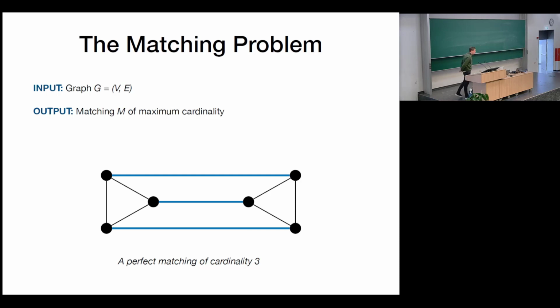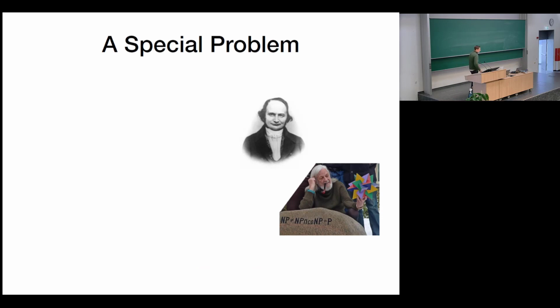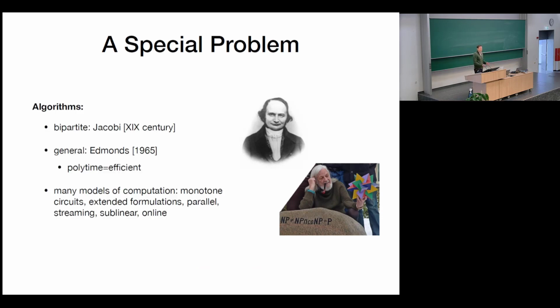As I said, this is a special problem in computer science. It's been studied in all kinds of models of computation. What I will focus on here is parallel computation. Of course, Google and other companies love parallel algorithms these days, but that's maybe not the main motivation for why we care about matchings in parallel computation here, at least.